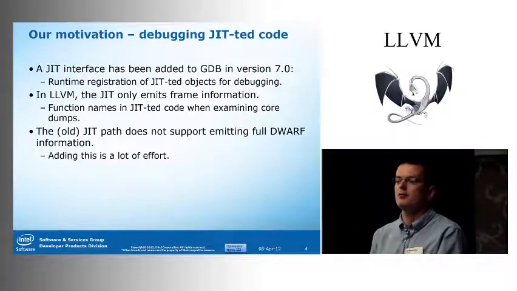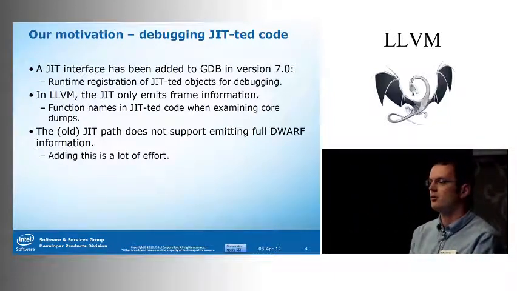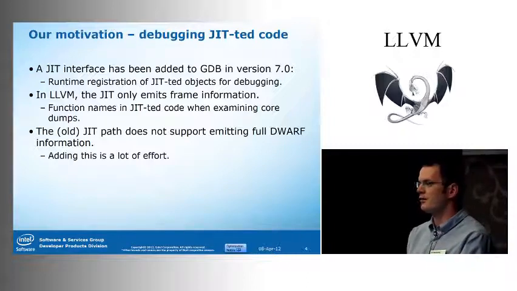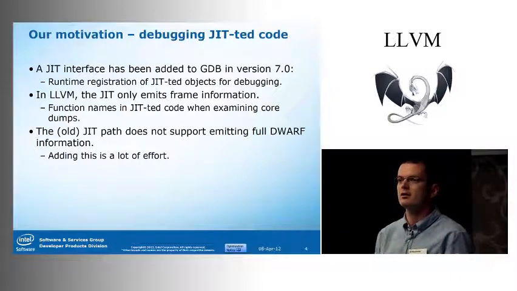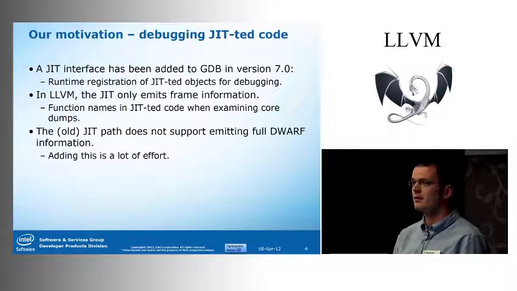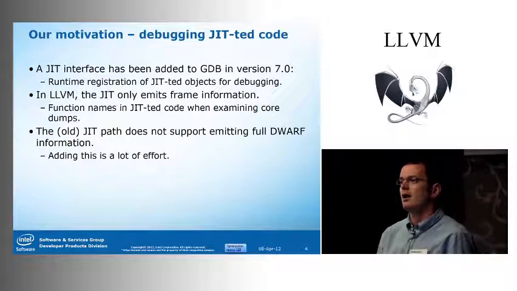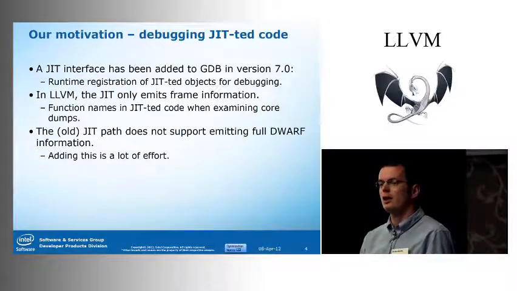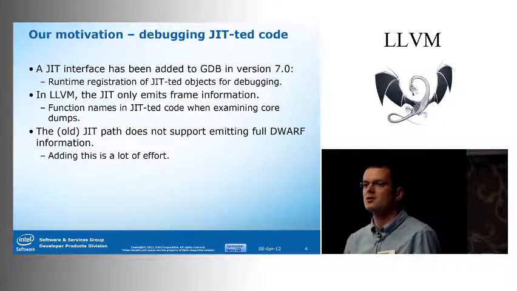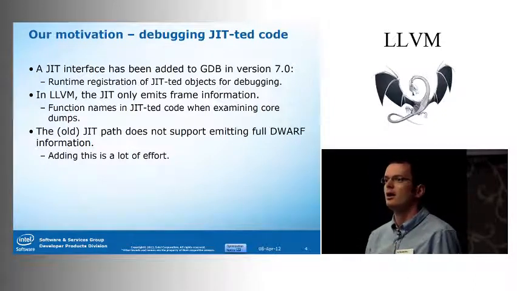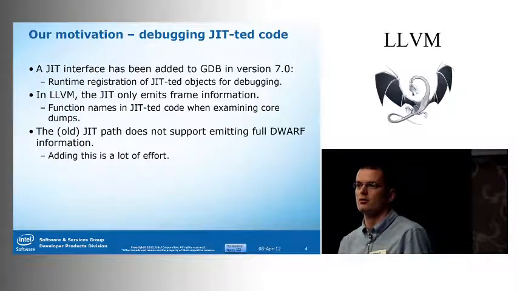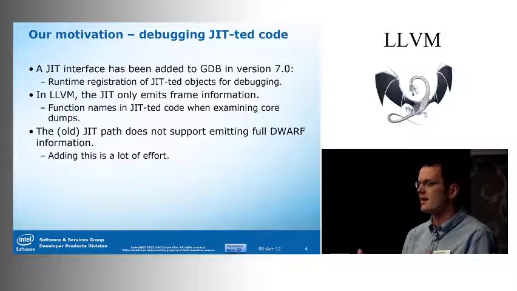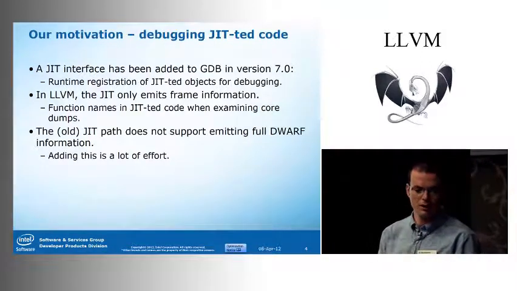So if you have some C code, you compile and JIT with LLVM, and it does some, say, null pointer dereference and crashes the system, you should be able to open a stack trace or run it under GDB and see the stack trace where it crashed, like which function crashed, basically. It's helpful, but it's not much.